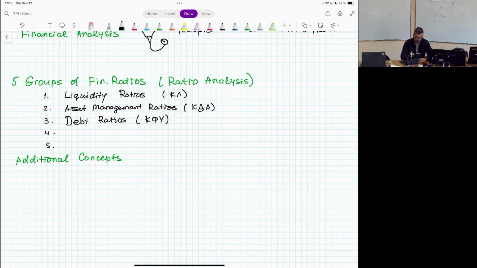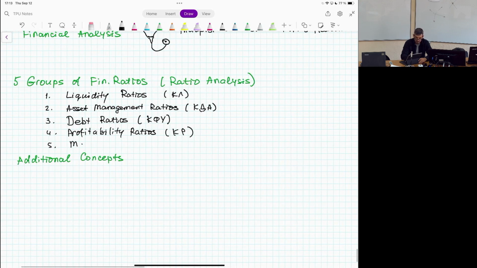And there are 2 more groups. Number 4, profitability ratios. Profitability ratios – это коэффициенты рентабельности. Коэффициенты рентабельности. And finally, market value ratios.